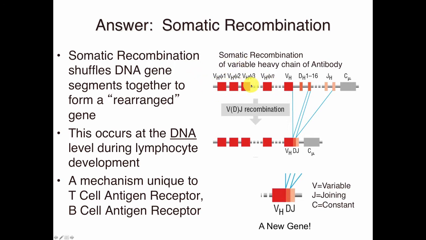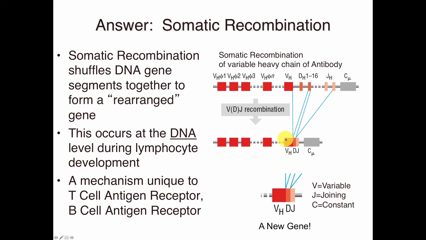In this case, in the dark red, they're abbreviated V gene segments, V for variable. And then here in the kind of salmony color are D gene segments, D for diversity, and J gene segments, J for joining. And what happens during lymphocyte development is that each individual lymphocyte, as it's developing, will pick one of these mini-gene segments in a more or less random way and splice out the intervening DNA.